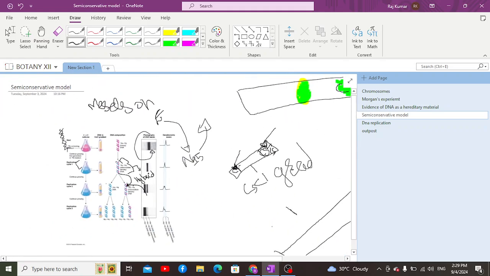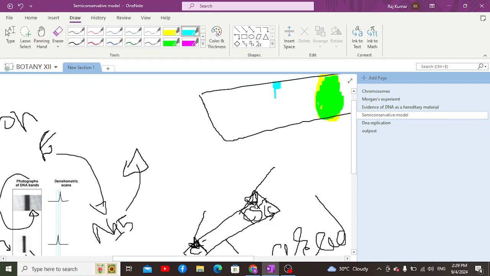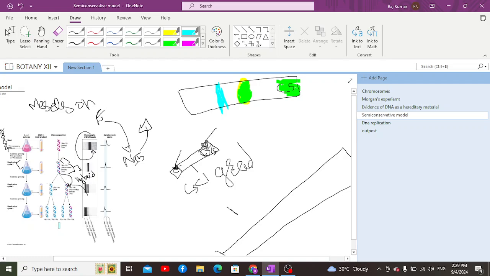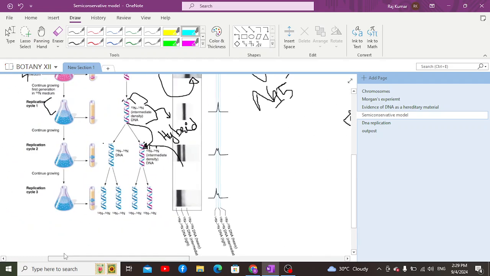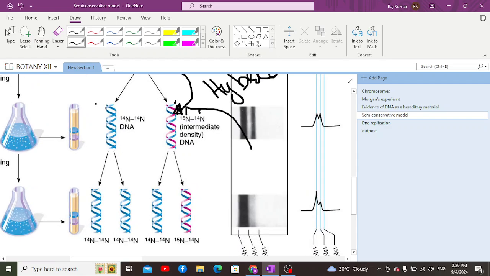At that moment what they saw was that the DNA of replication cycle 2 was present further on the lighter side. And when there was a third replication cycle in which again N14 culture was utilized, what they saw was that the N14 strand of the second replication cycle formed N14 N14 DNA, and the other N14 strand formed another daughter strand of N14, forming N14 N14 DNA.